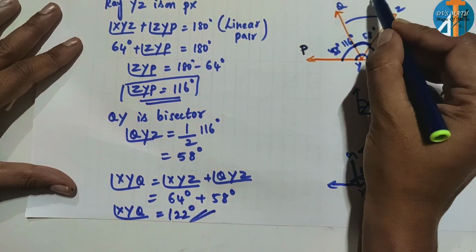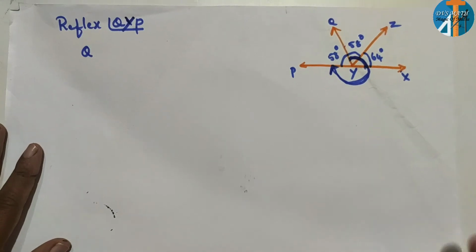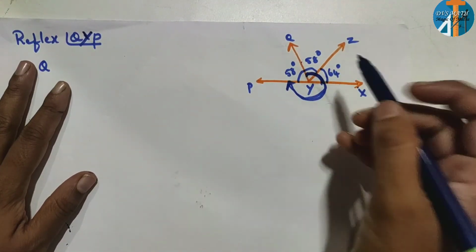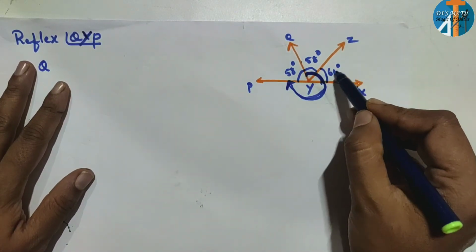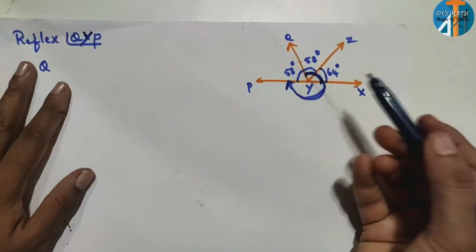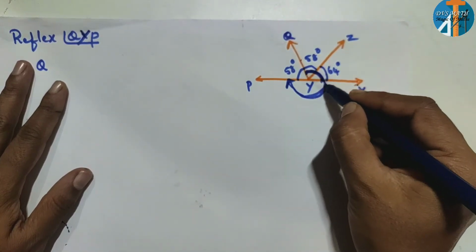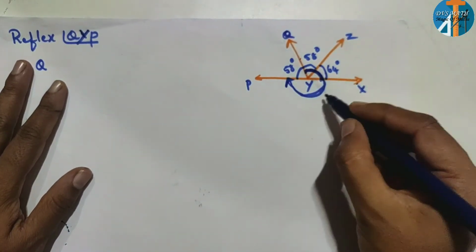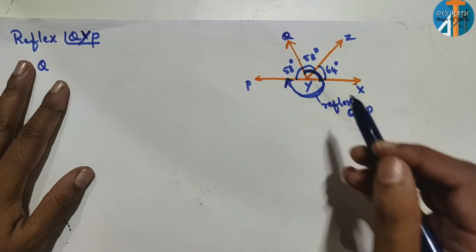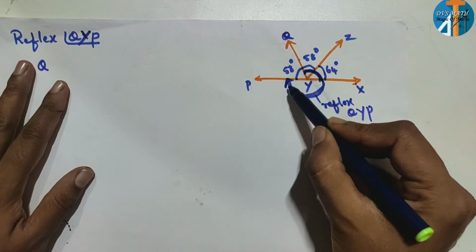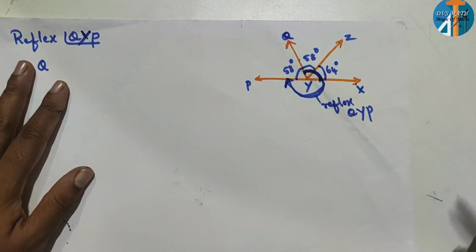XYQ we got. Now we have to find the reflex angle, that is QYP. If you observe the figure, we already got this 58 degree divided by the bisector, and this is 64 degree as given in the data. Now if you observe the reflex angle, this is Q, right? So from Q to P, this whole angle is the reflex angle QYP. But if you join this to Q also, the left out part is this much. If you join this also, it becomes a complete angle.